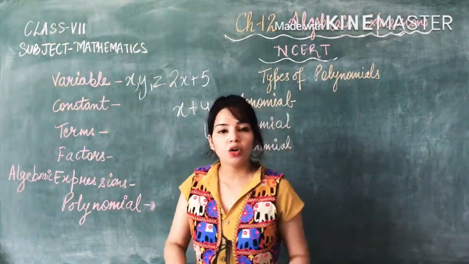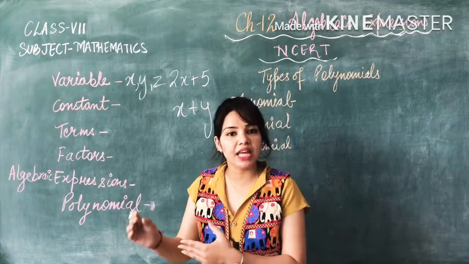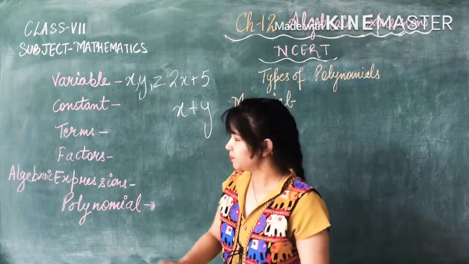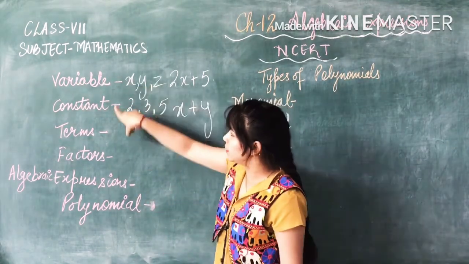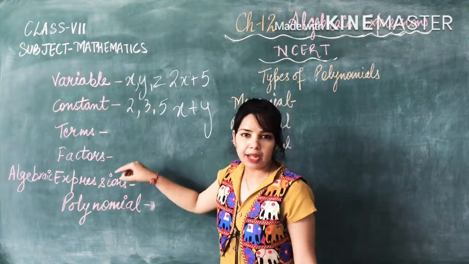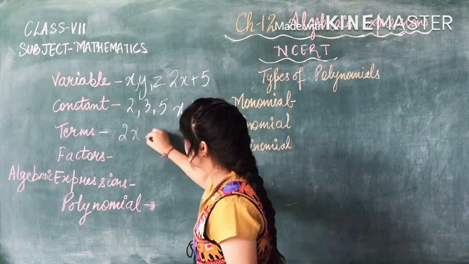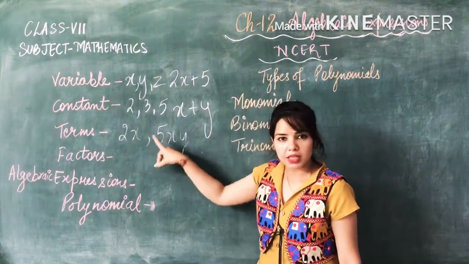Now, constants are those numbers whose value is fixed, like 2, 5, 7. These are the constants because their value is fixed. When these variables and constants are multiplied, they form terms like 2x, 5xy. These are the terms.